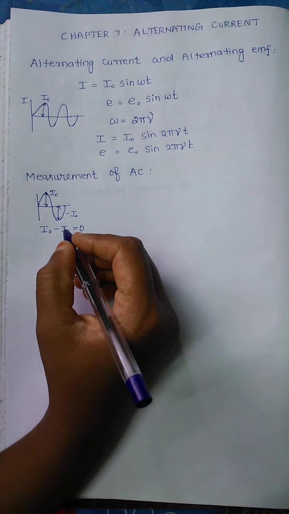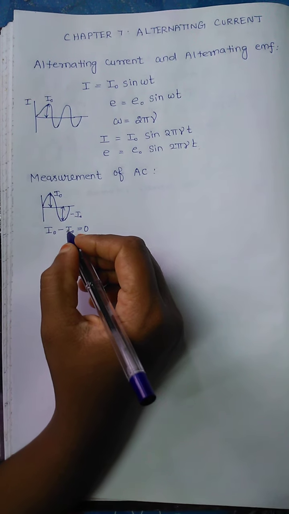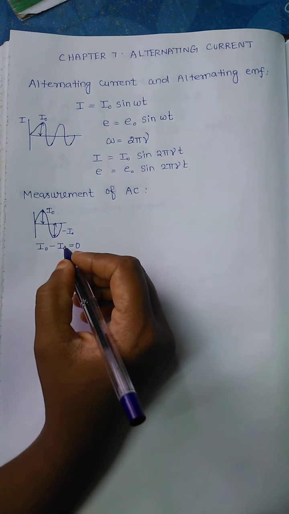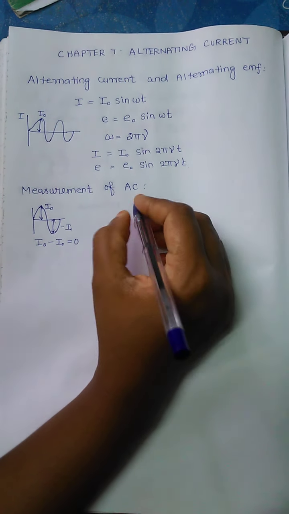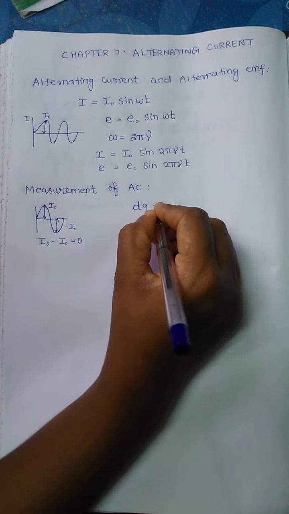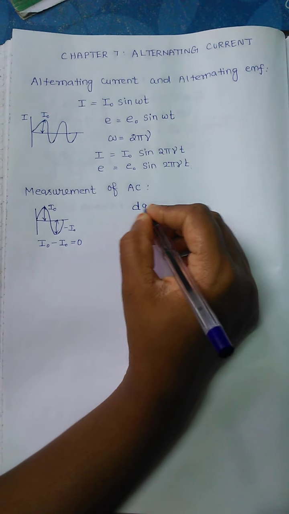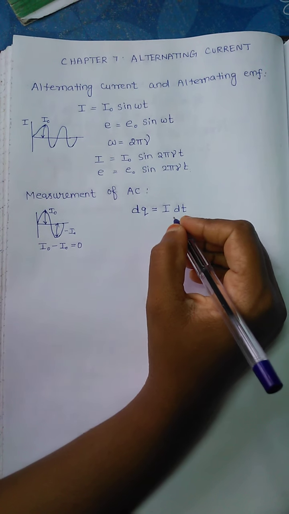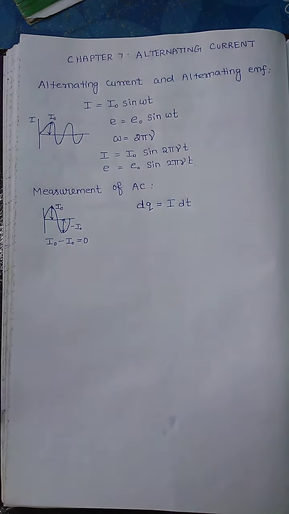First we prove that the alternating current over one complete cycle is equal to 0. You know that dq is the amount of charge passing through the circuit, and dq is equal to I into dt, because I = dq by dt.